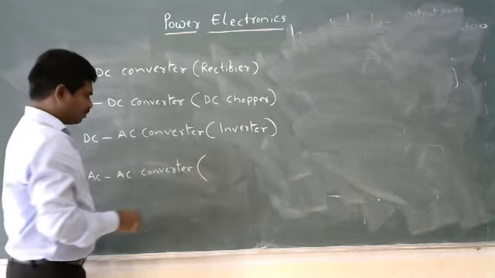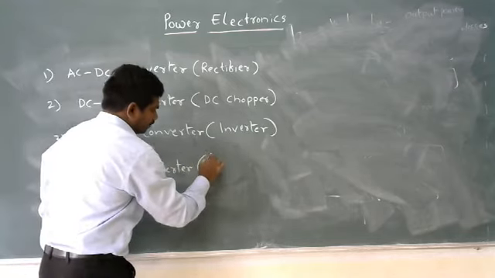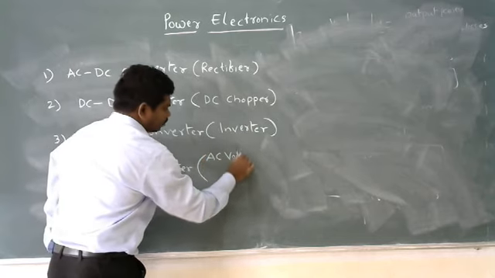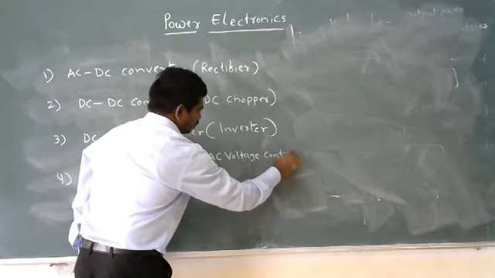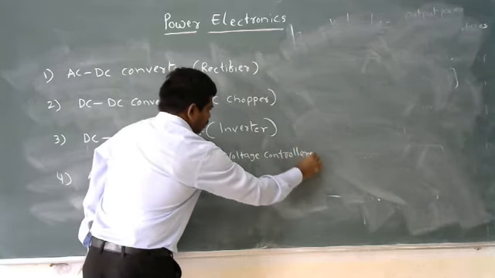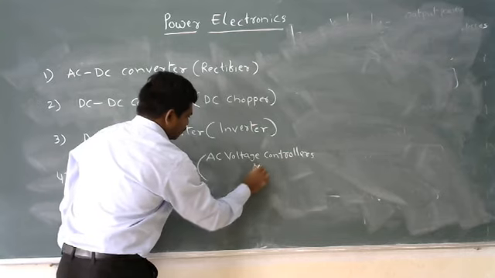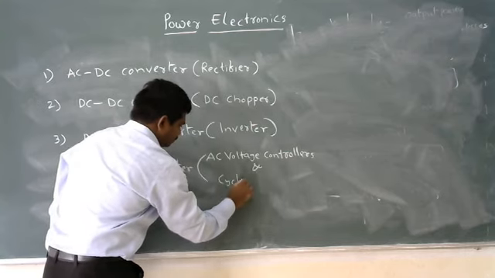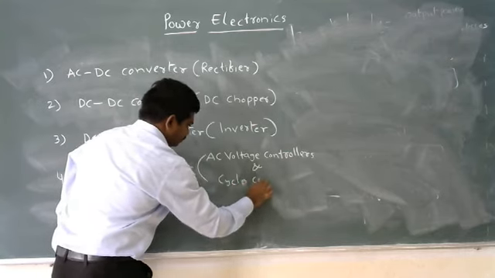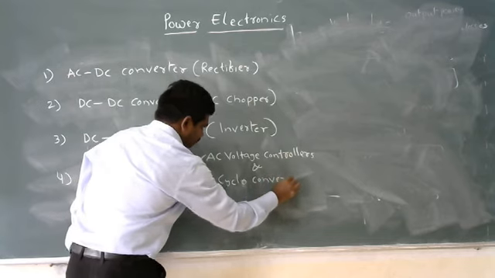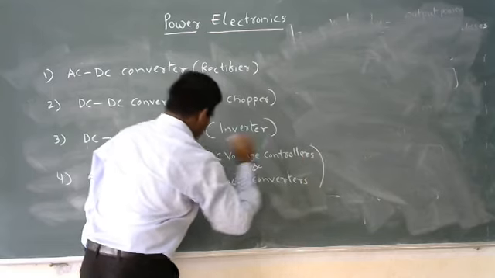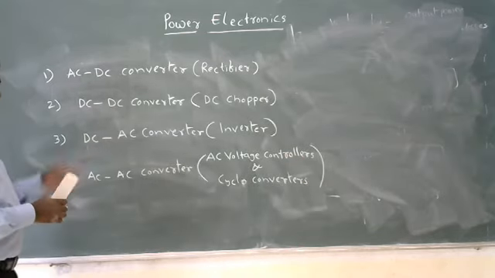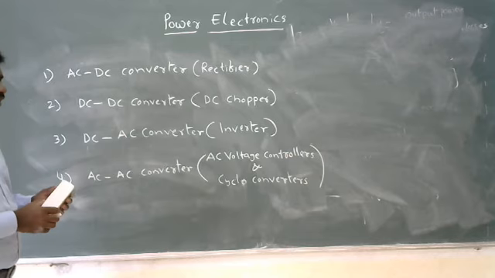There exist two types, as I said: AC voltage controllers and cycloconverters. So these are the four different types of power modulators available in power electronics.